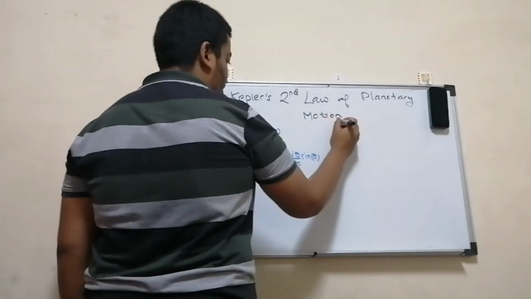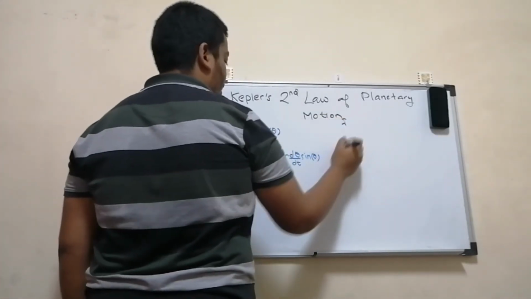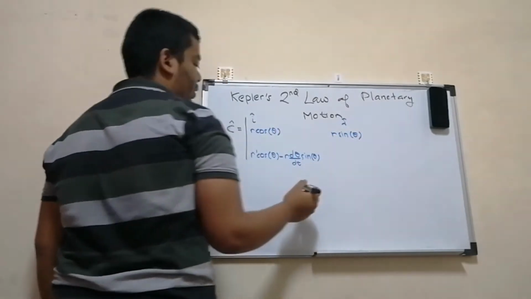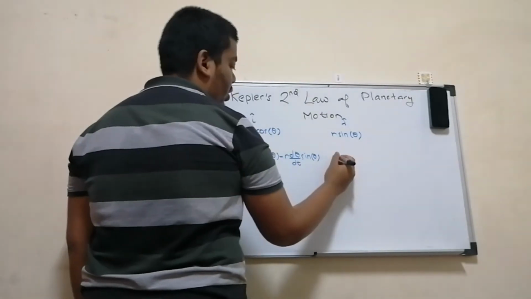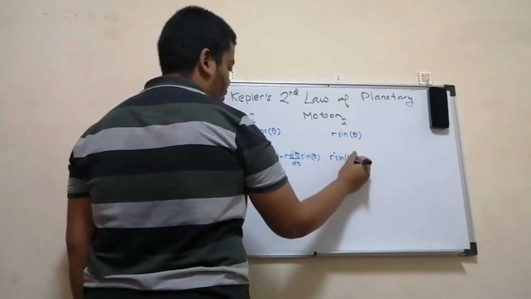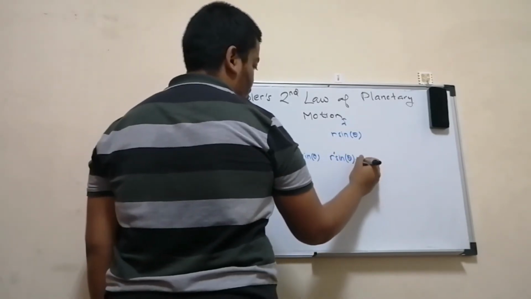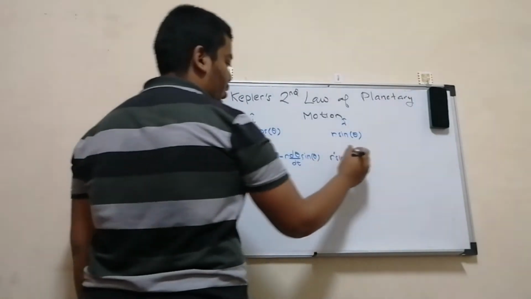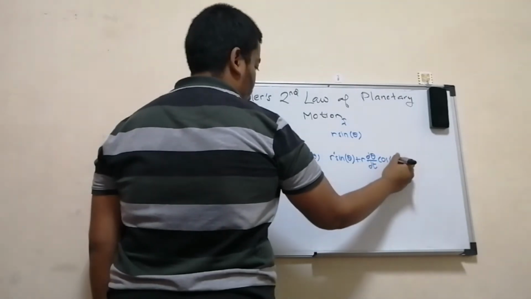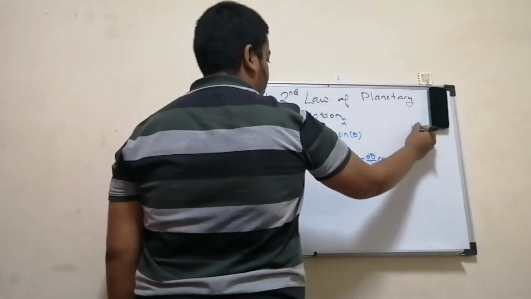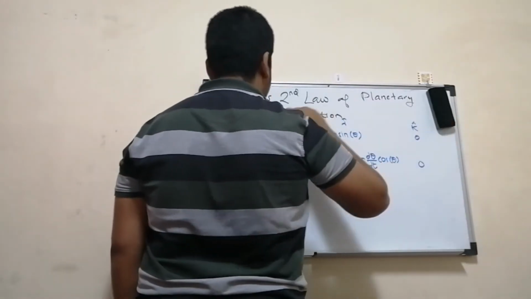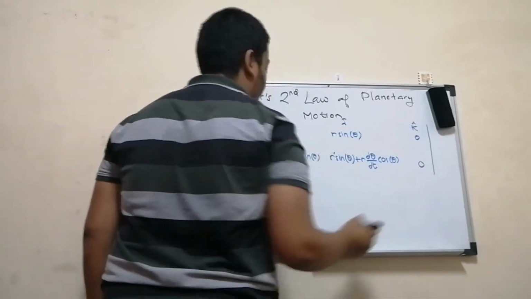So we'll have our j here, and the j components are sine theta, and then for the velocity, the j components are, as I mentioned before, right there, plus r d theta over dt cos theta, and our k components are 0 since the planet is moving only in the xy plane, which means it has only i, j, and k values.